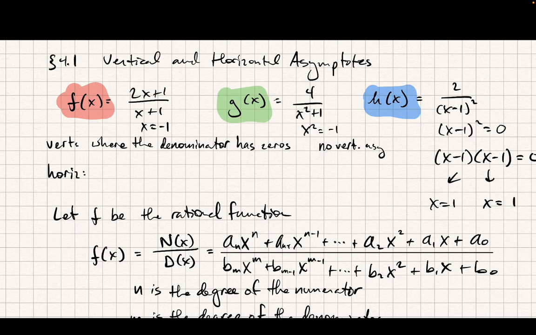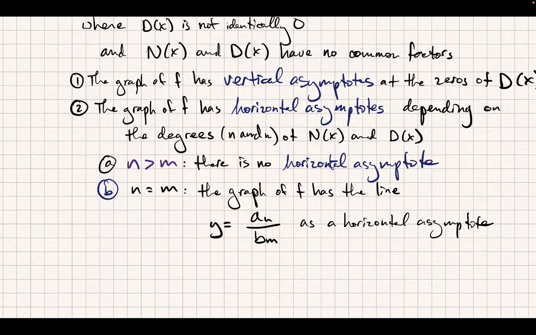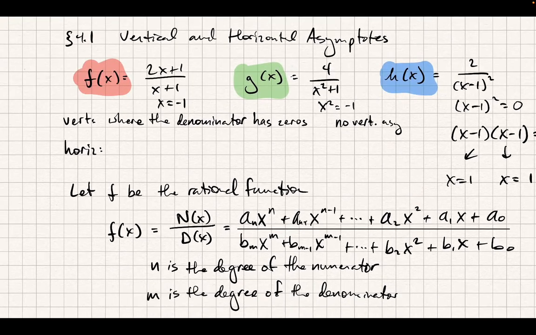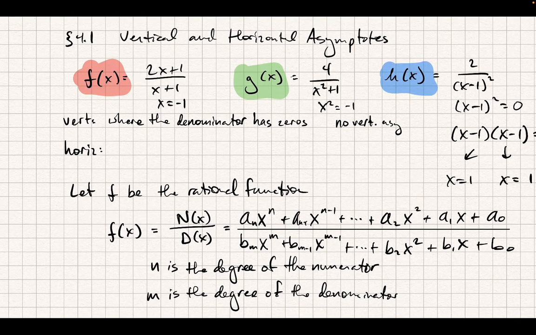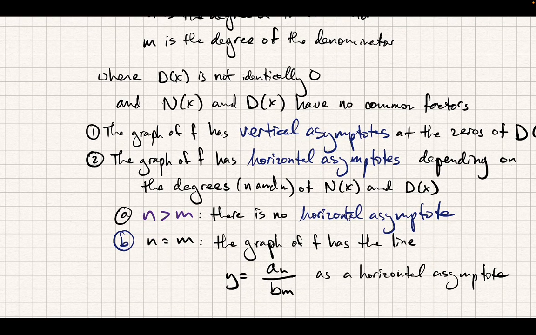What's the rule when we have the same degree on top and bottom? It has a horizontal asymptote. Where?